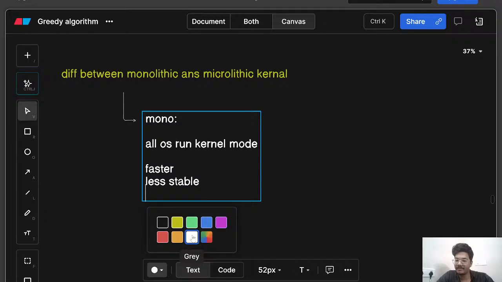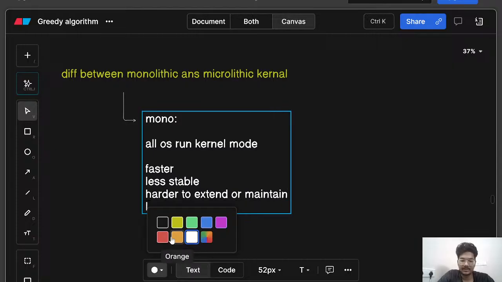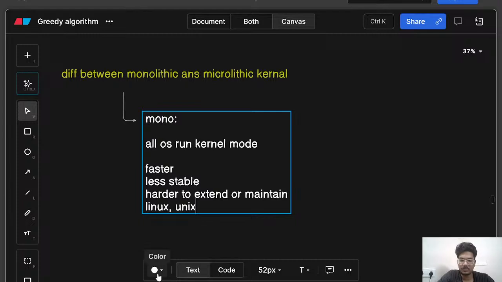It is harder to extend and maintain. Linux and Unix are monolithic kernels.